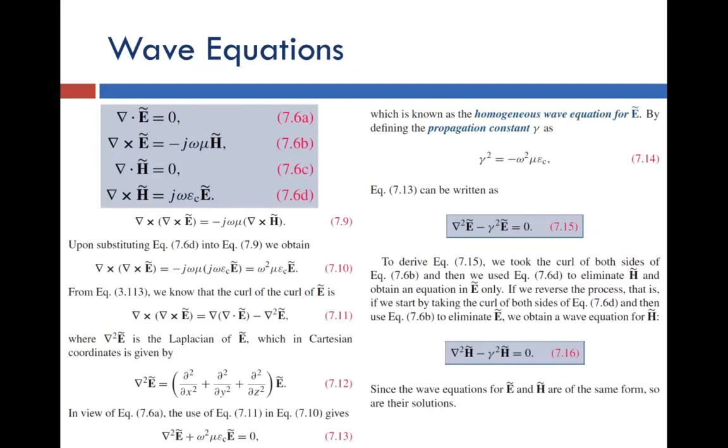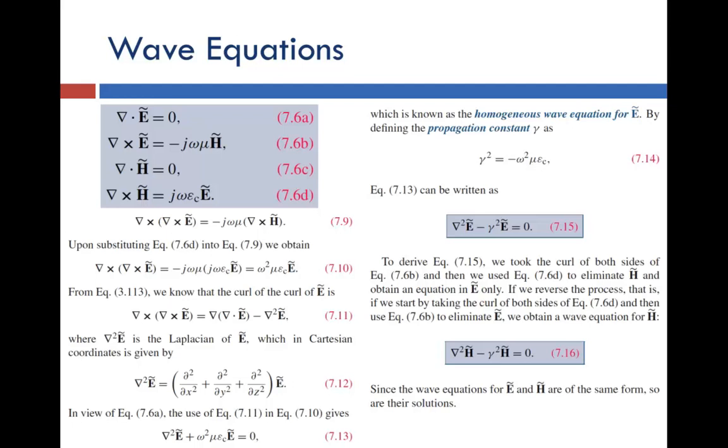So now it's time to derive what's referred to as the wave equation, and we do that by making a series of mathematical substitutions. We're going to work here with the curl, looking at the fact that the curl of E and the curl of H relate E and H to one another.